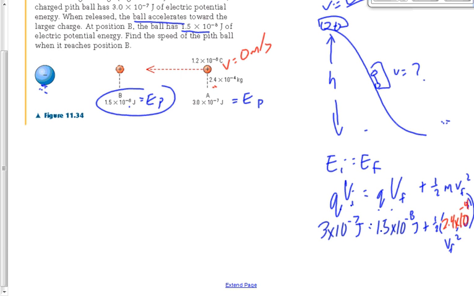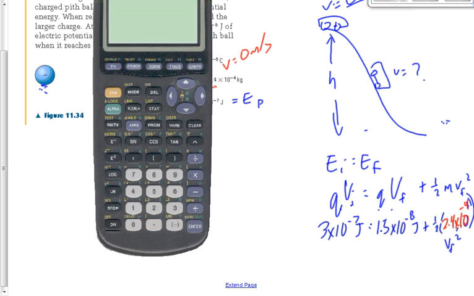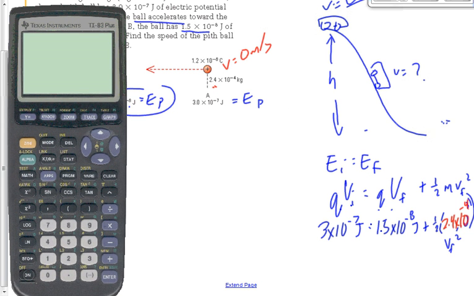All right, let's calculate this on the calculator up here so that we can all see how exactly you arrive at the answer. We're going to say 3 times 10 to the minus 7 subtract 1.5 times 10 to the minus 8. Then we're going to multiply that by 2. Then we're going to divide that by 2.4, was it?